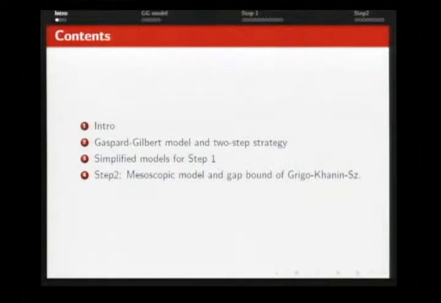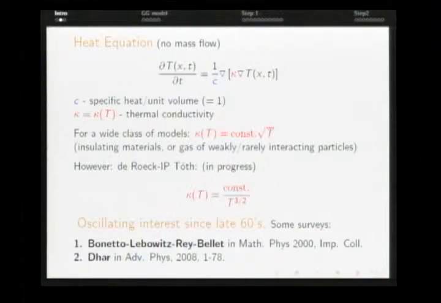Okay, so this is the heat equation, which you know very well. Here T is the temperature, X is the spatial variable, and t is time, and kappa, depending on the temperature, is the thermal conductivity in the equation.